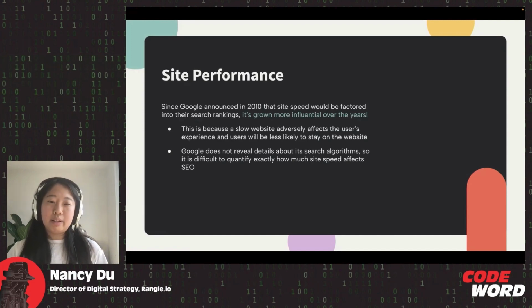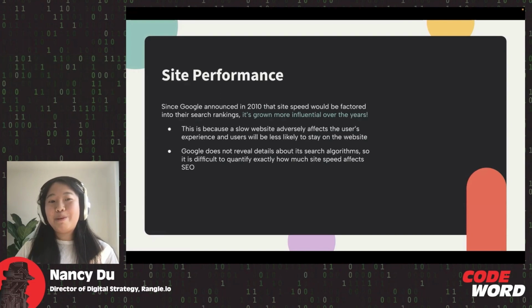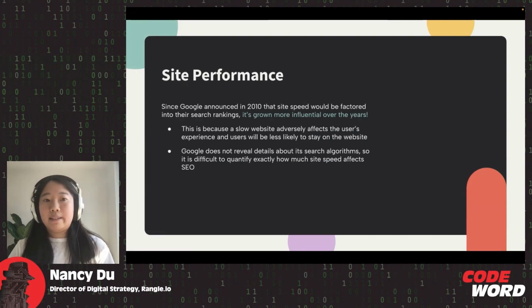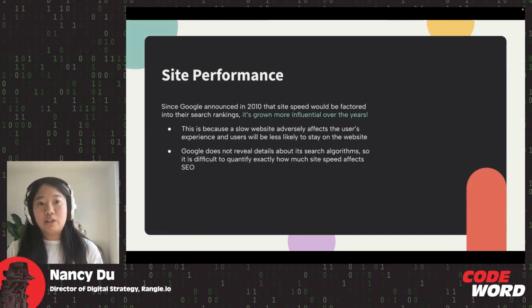Although Google doesn't actually reveal details about their exact search algorithm and what the breakdown and impact is, it is known that site performance is a critical factor, and it can impact more than just your SEO, but also your user experience.